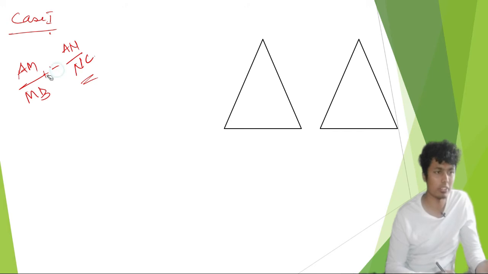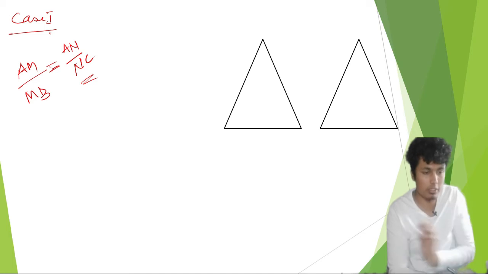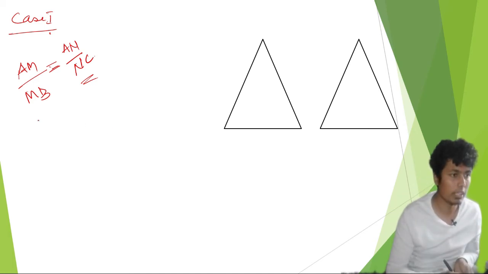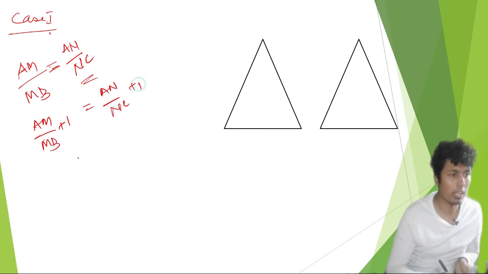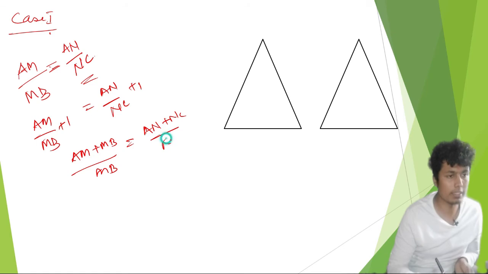It's not that complicated. If you add 1 and do the reverse, you are going to get, AM by MB plus 1 is equal to AN by NC plus 1. AM plus MB by MB is equal to AN plus NC by NC.